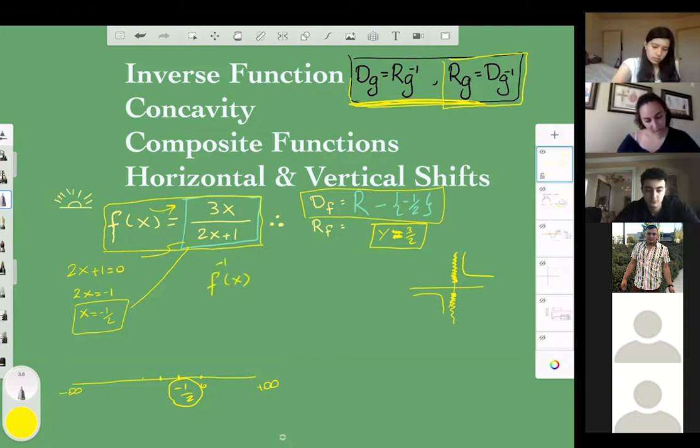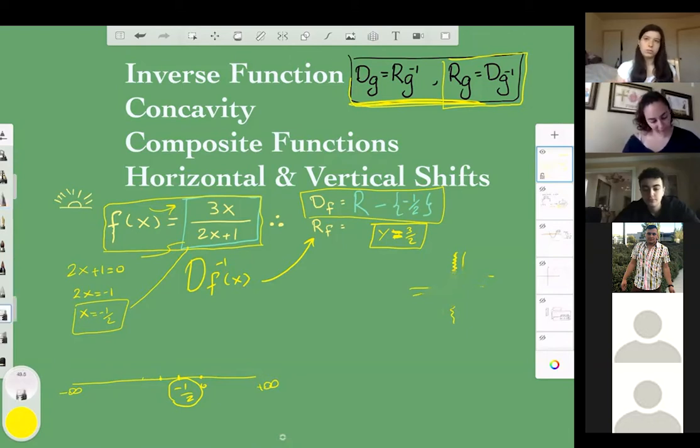And then we find the domain of f inverse, which will be the range of f. Good? I know at the beginning you were happy that I'm asking you to find the inverse. But in order to find the range, you need to find the inverse. So let's do it.